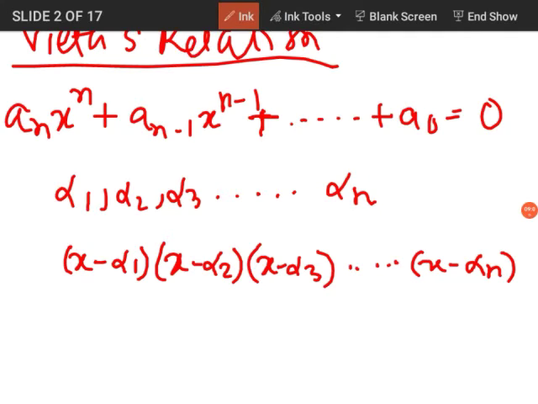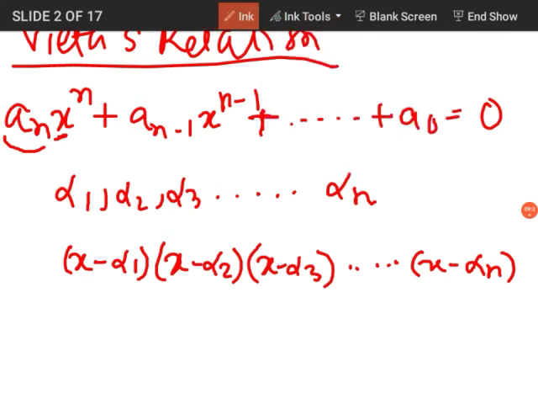See, if you multiply the factors, I don't care about the other terms. I'm just interested in the x raised to the power n term. So from here you will directly get x raised to the power n, and here the leading coefficient is 1, but in our case the leading coefficient is a_n. So we cannot skip the leading coefficient, right?